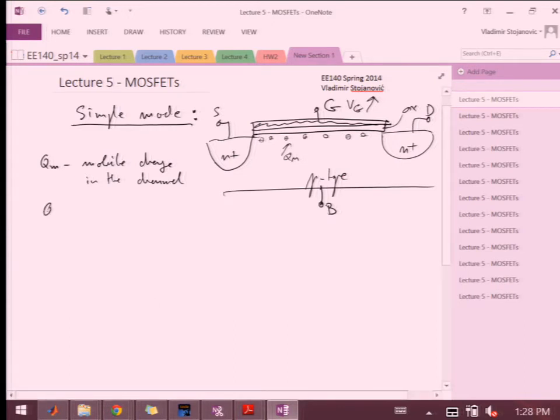And we're going to say that QM equals 0 when VG equals V threshold. Right? At the onset of inversion, we don't really have this mobile charge. It's just getting formed after the threshold voltage.